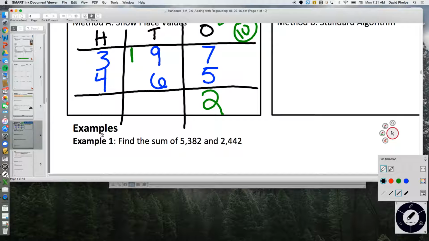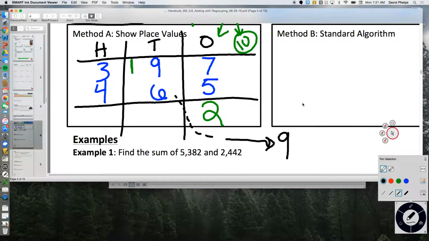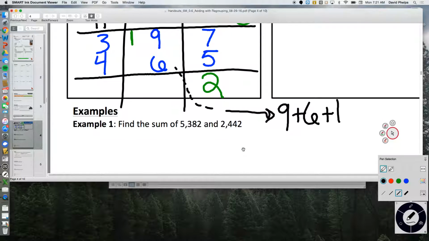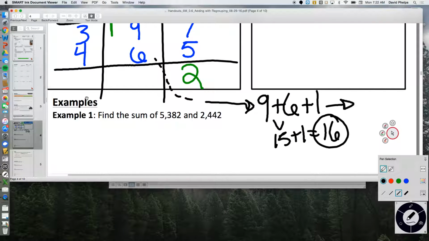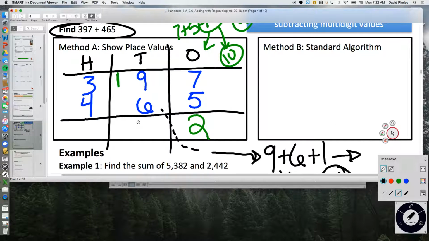Well, off to the side, I'm just going to show you how we add these up. We have 9 plus 6 plus 1. Let's see what that gives us. 9 plus 6 is 15, plus 1 would give us 16. Well, that 16 is actually a little bit different because this isn't just a 9, a 6, and a 1. It's in the tens place, so it's a 90, a 60, and a 10.